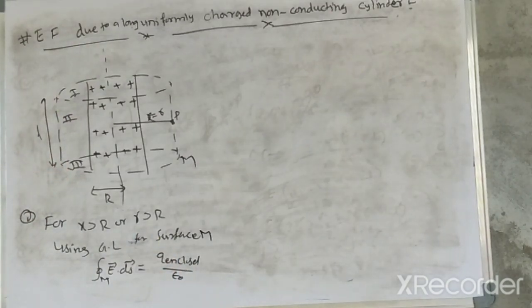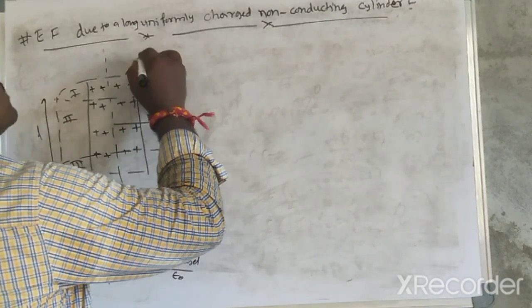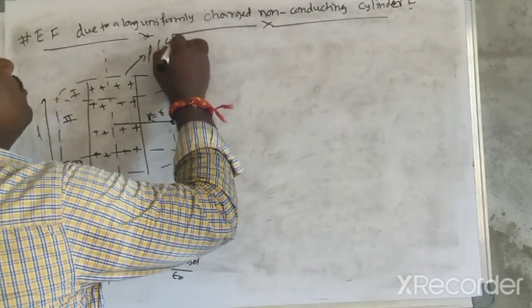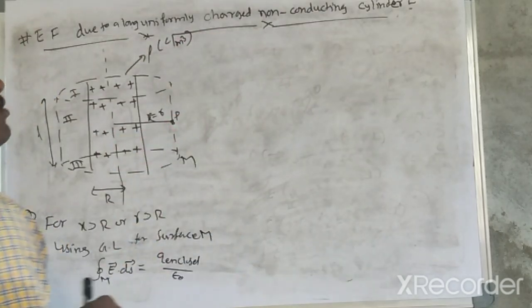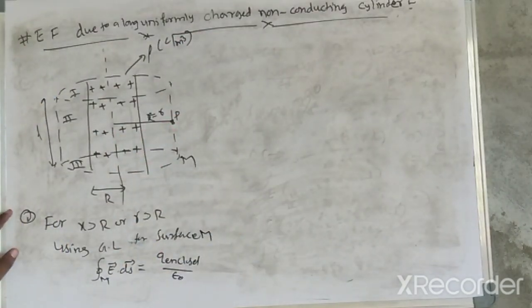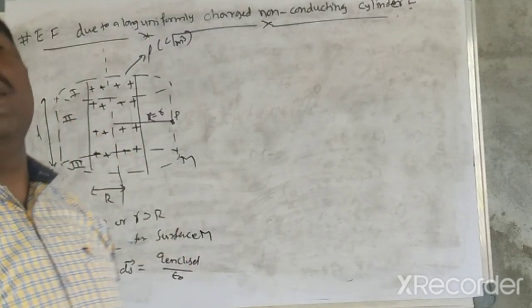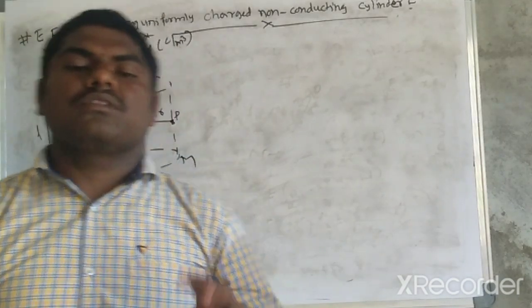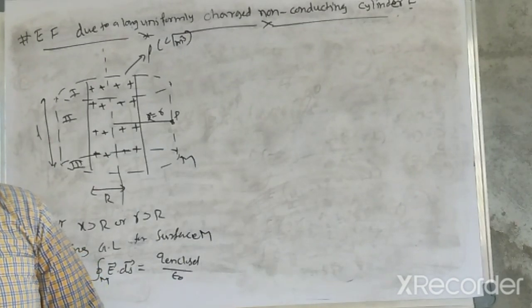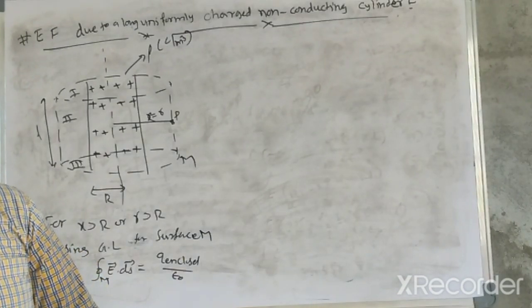Here the Q enclosed is equal to the charge density, let us consider rho coulomb per meter cube. Enclosed charge is equal to charge density into small elemental volume. The elemental volume is nothing but area into length.